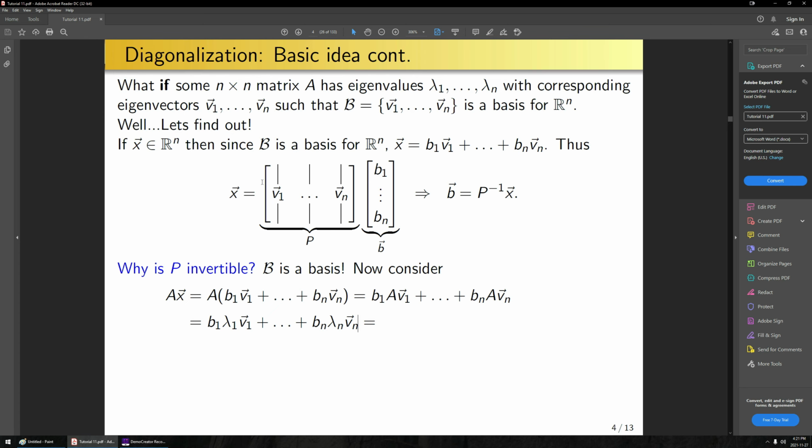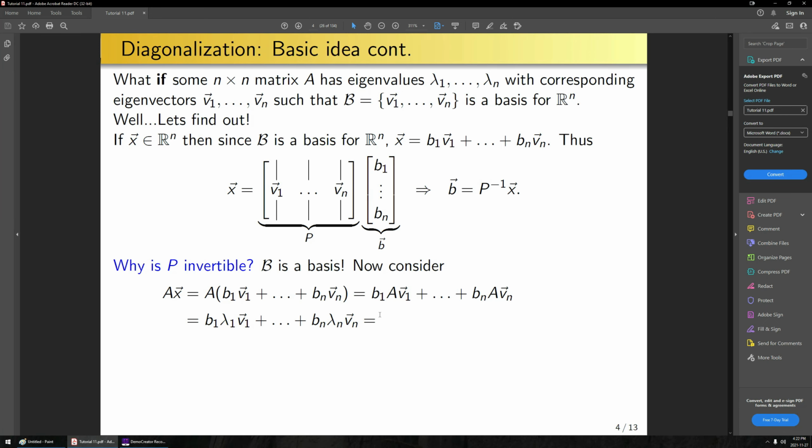Now let's do the same trick that I did up here to switch from this equation to this equation. Here I have all these vectors tied to it. Let's factor those out and recover this P matrix. Doing this, this term simply becomes this here. It's the analog of this, but instead of having b1 through bn, I have b1 lambda 1 through bn lambda n.